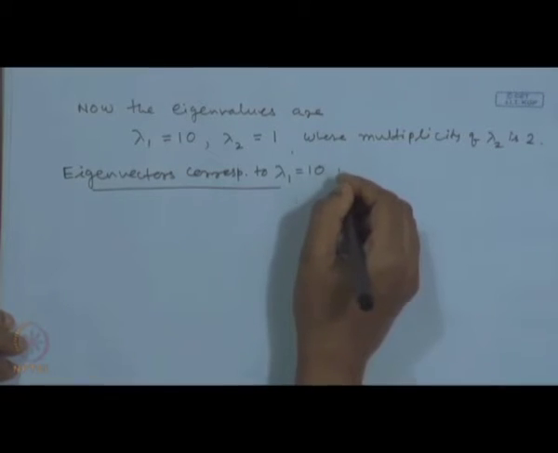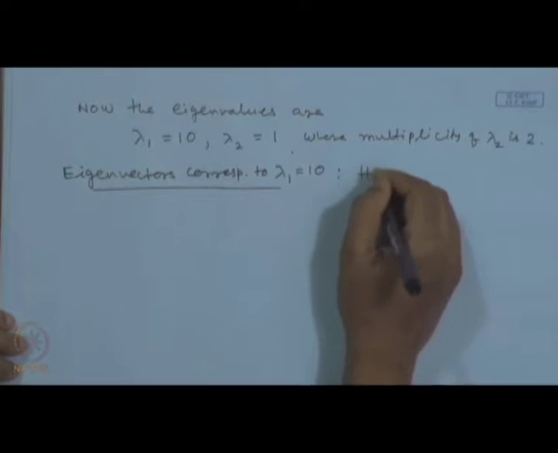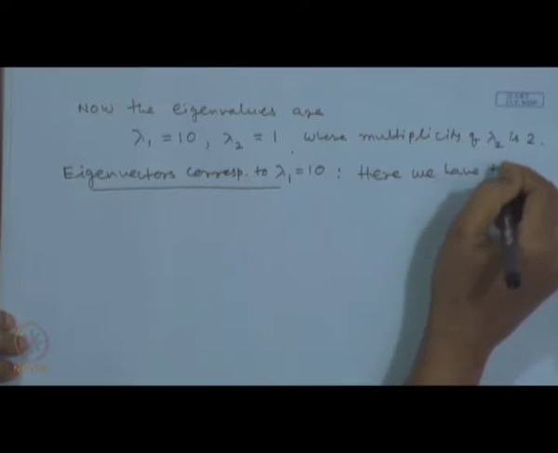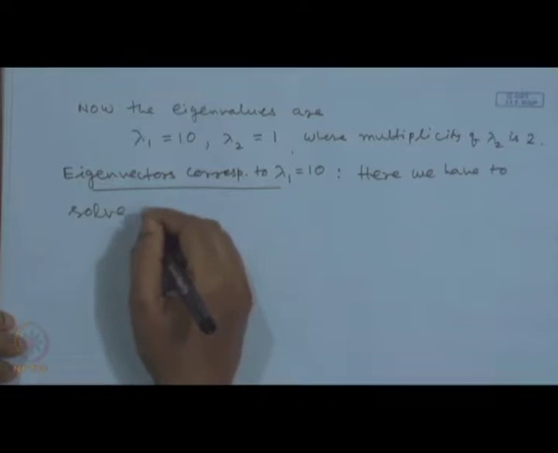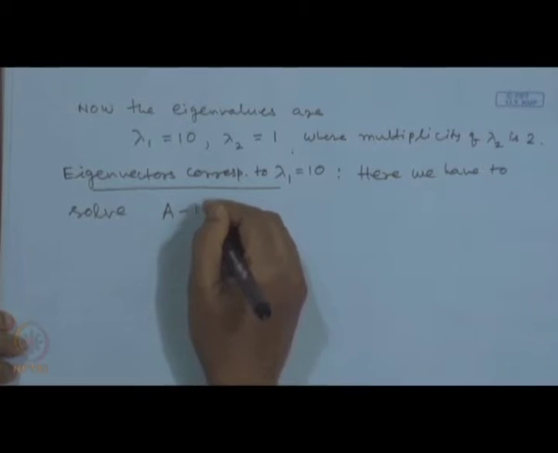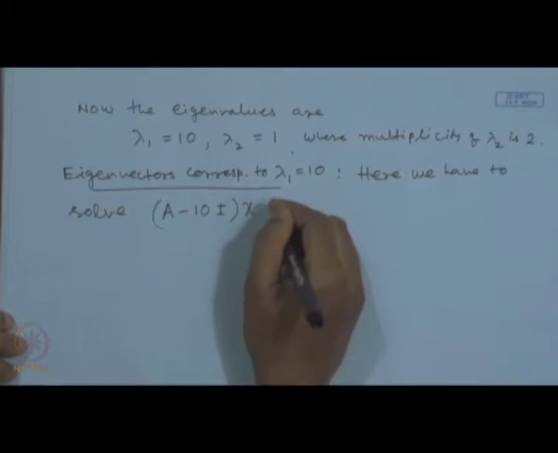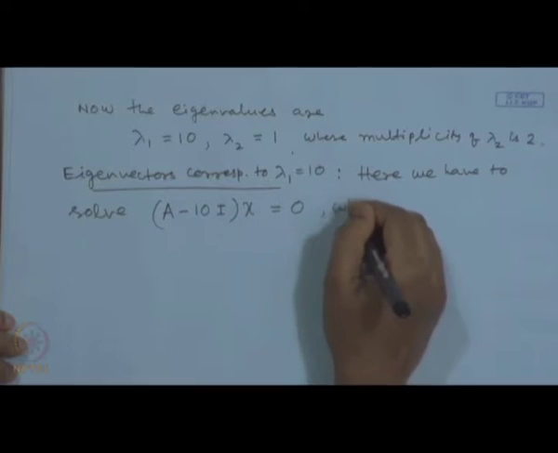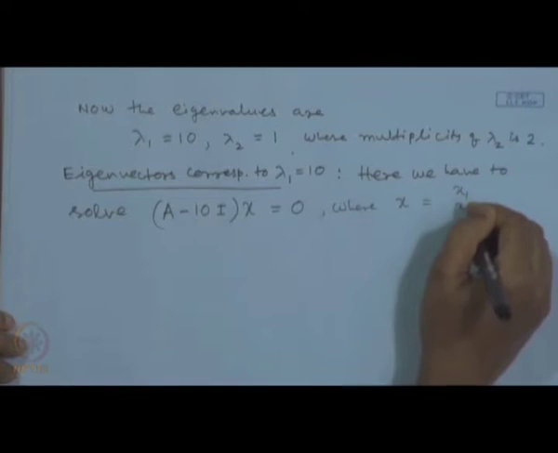Here we have to solve this homogeneous system (A minus 10I)x is equal to 0, where x is x1, x2, x3.